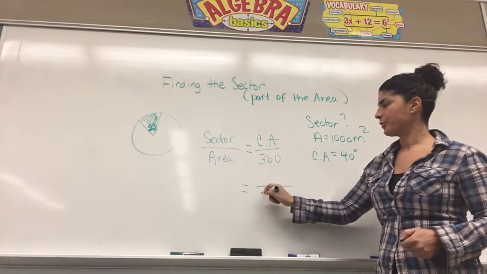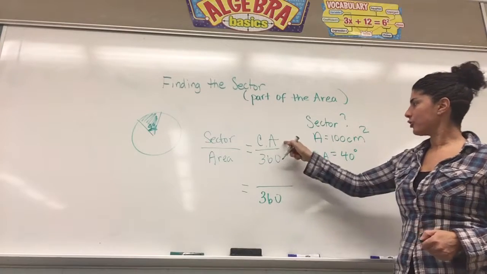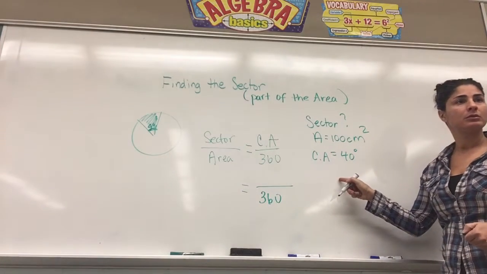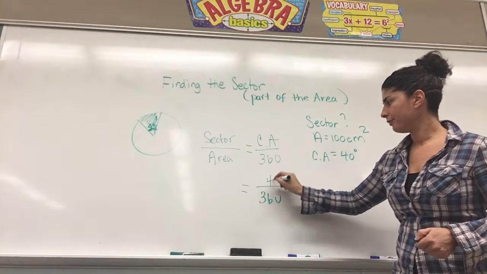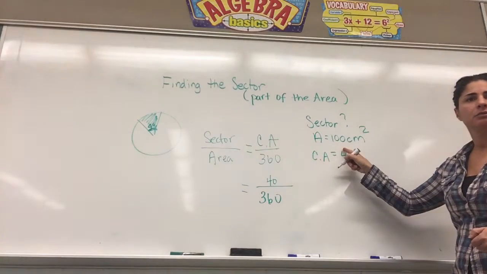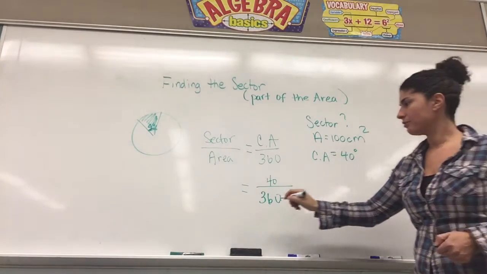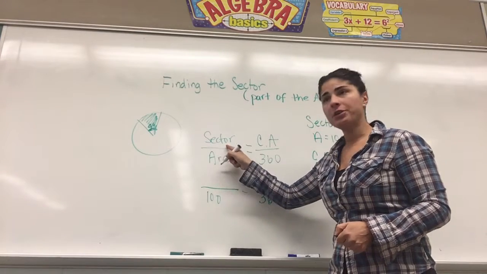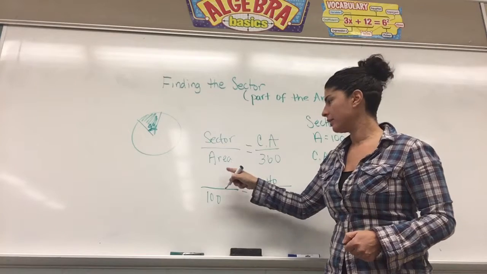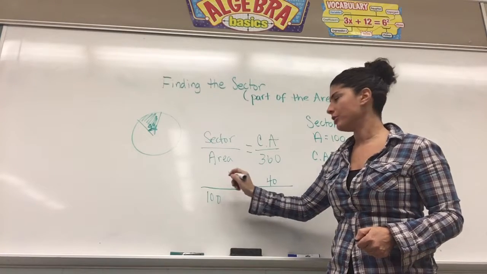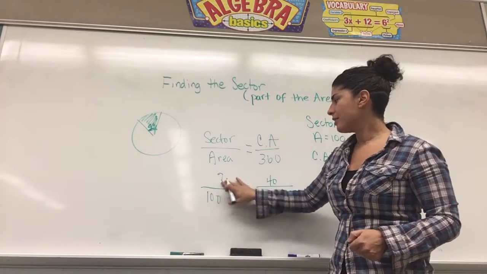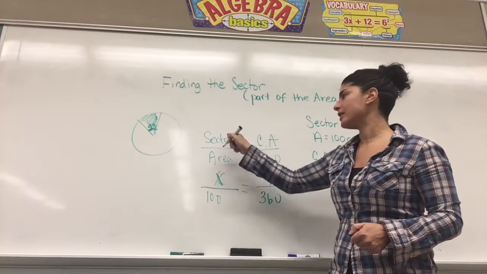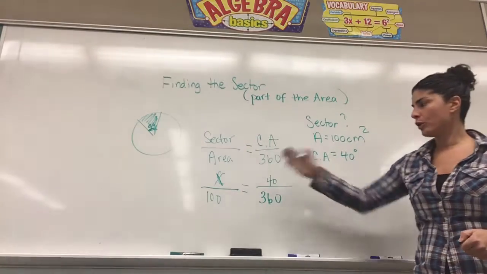So what I'm going to do is 360 here, central angle 40, easy enough. Area 100, super easy. I asked you for sector. How do I get this missing piece of information, this question mark, this X, which is known as the piece of the circle?